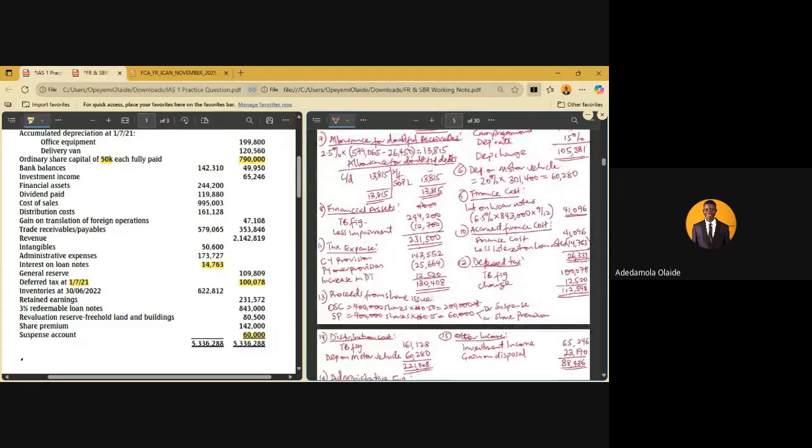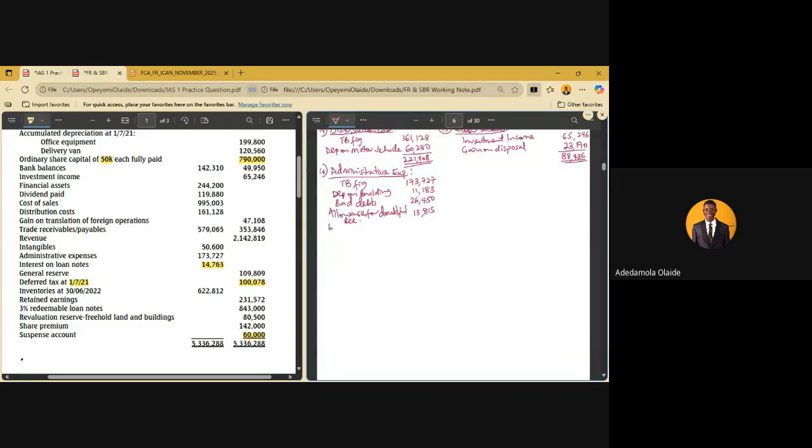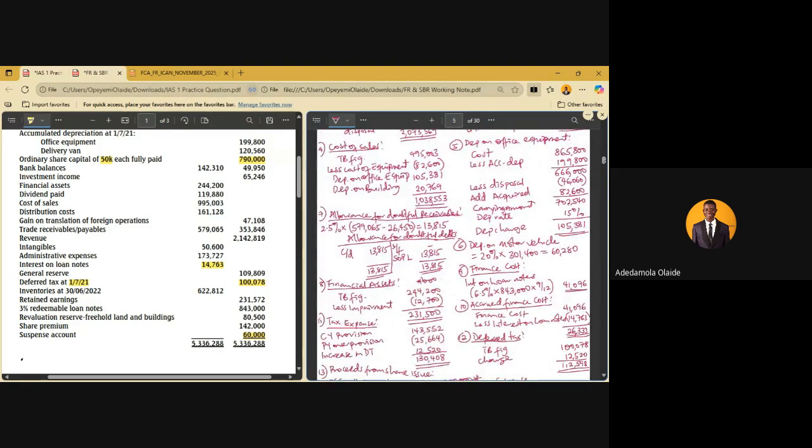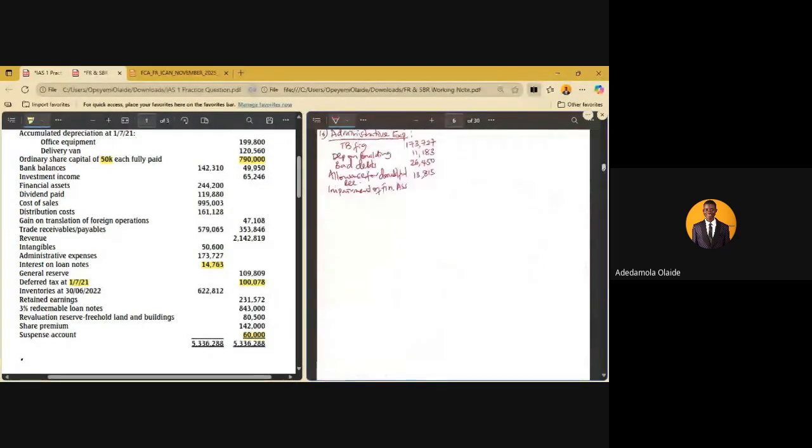Then what else do we have? Impairment of financial assets, $12,700.